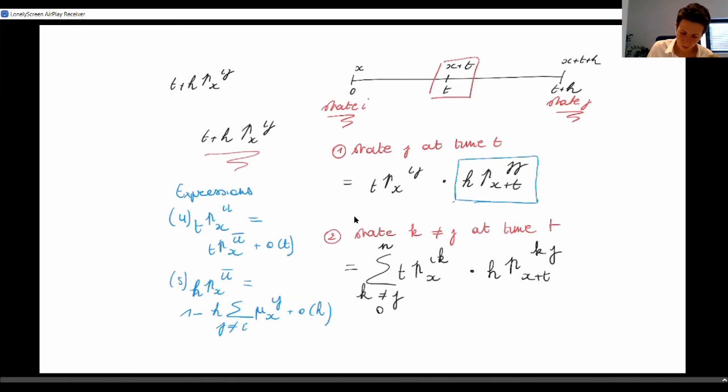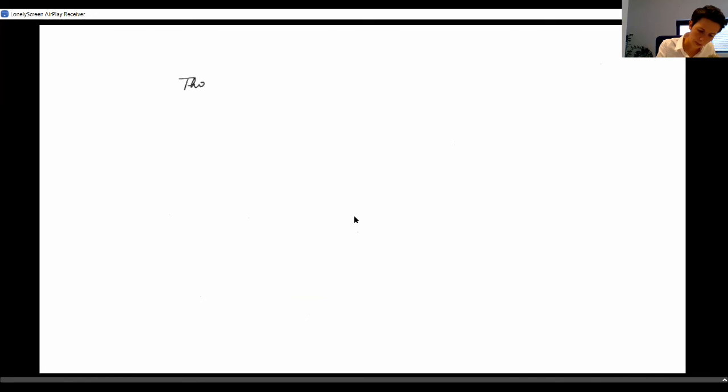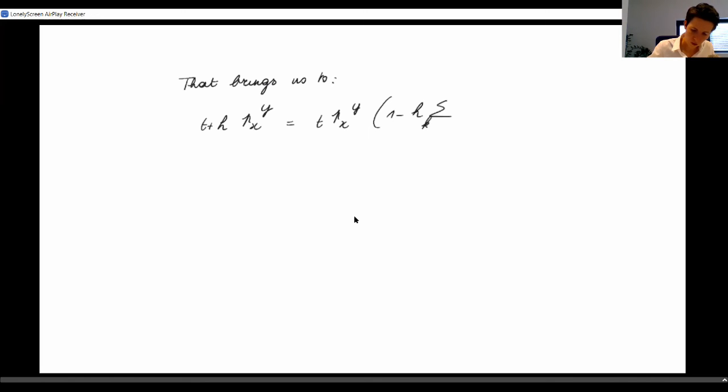Okay, so to replace this, I'm going to rely on two expressions that we derived earlier on today. So where does that lead me? That brings us to my t+h p_x^ij, that's the one I was interested in, can be written as t p_x^ij multiplied with 1 minus h, and then the sum for k different from j of mu_{x+t}^jk plus little o of h.